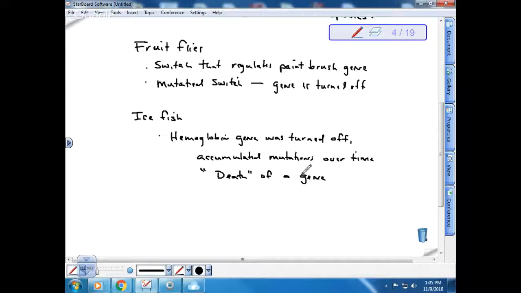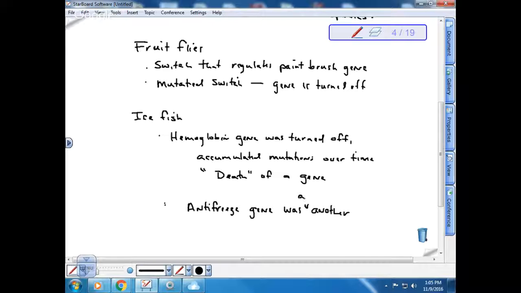Right? So the other one was the antifreeze protein, or the antifreeze gene. The antifreeze gene was a copy of another gene. It was actually a pancreatic enzyme gene called trypsinogen.